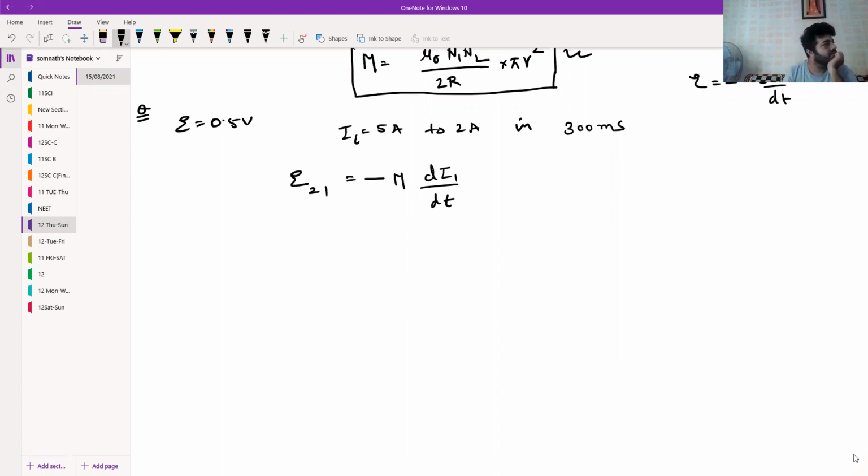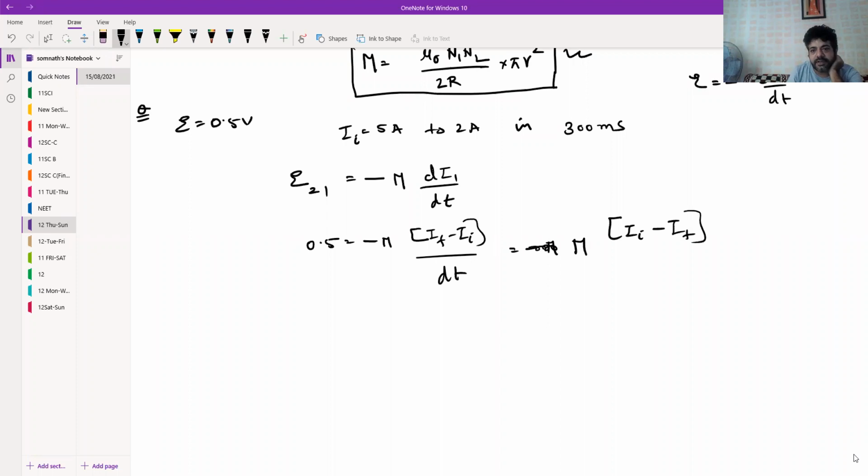So my EMF is 0.5, current final minus current initial by time. I can remove this minus: current initial minus current final by time, that is the mutual induction.